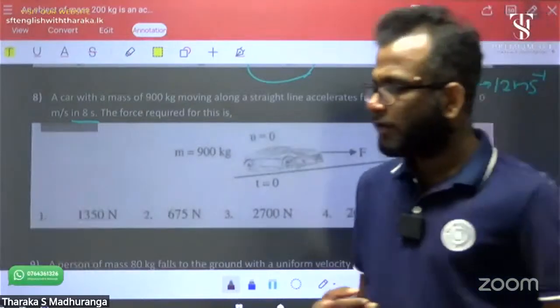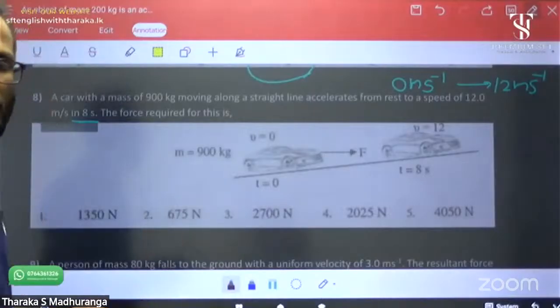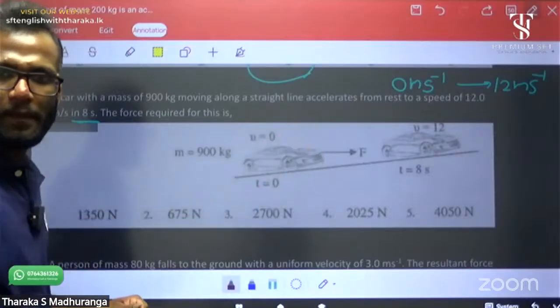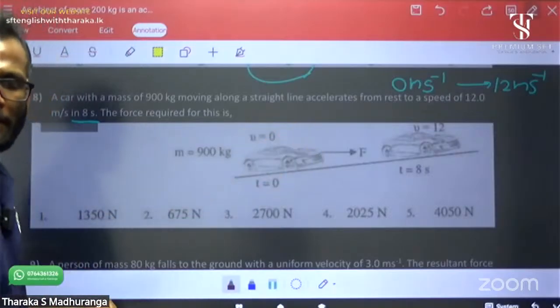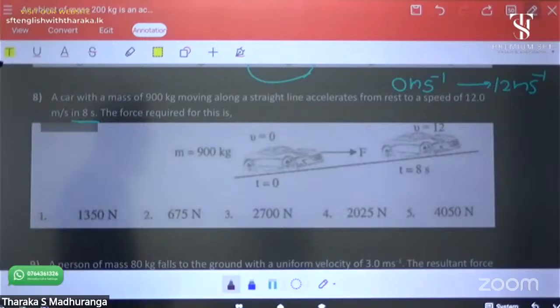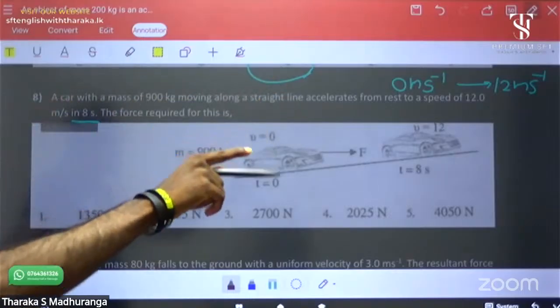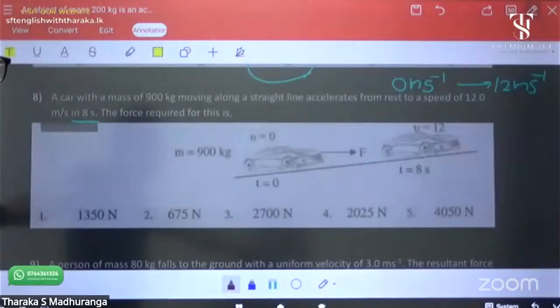Samya, what's the Newton's law for this motion? No, Rehla, it's accelerating. It is very simple.